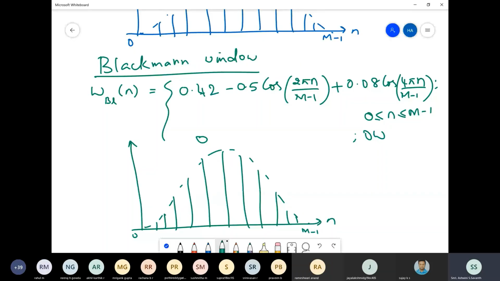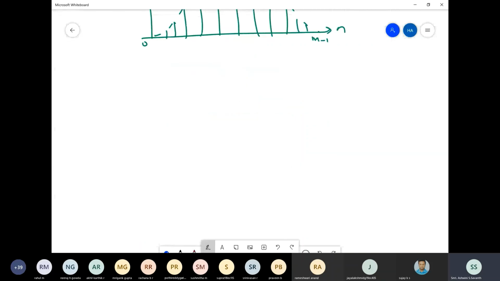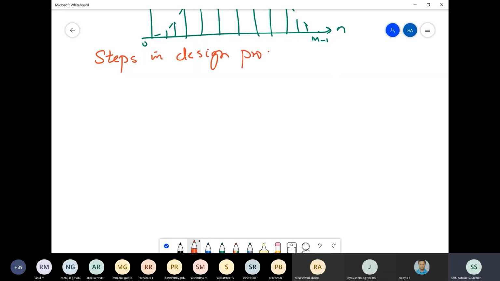All this that we discussed till now will be covered in the design procedure. Theory questions are important in DSP, so they could ask you the design procedure also. You cannot rule out any question in DSP.